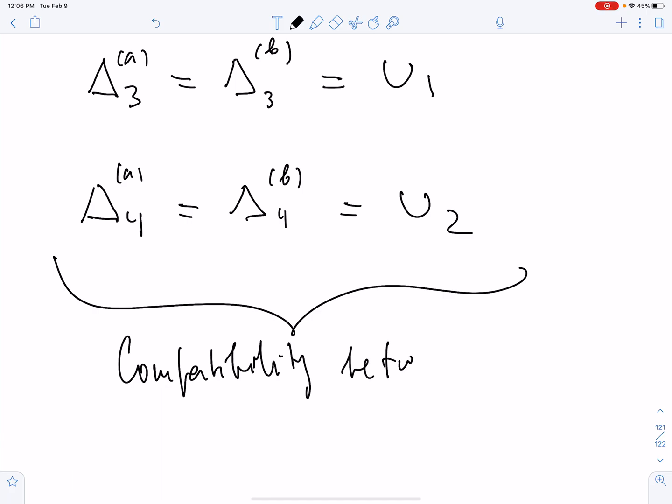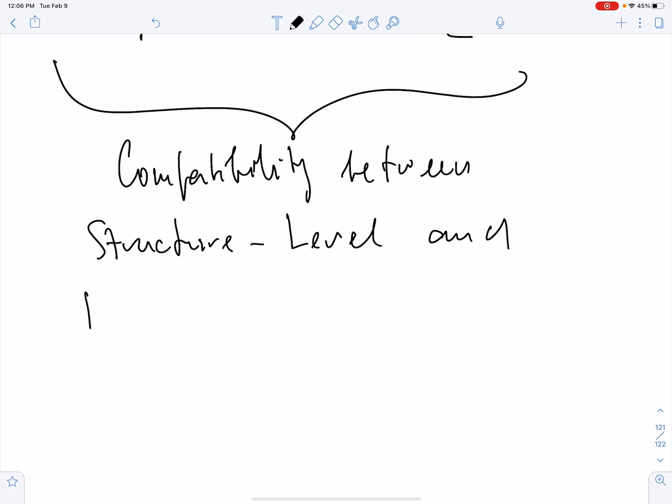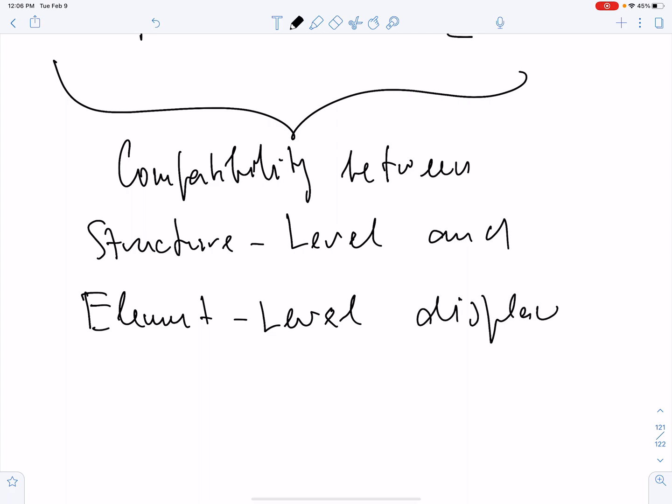between structure level and element level displacements. And the clue is it's in the global coordinate system. Okay?